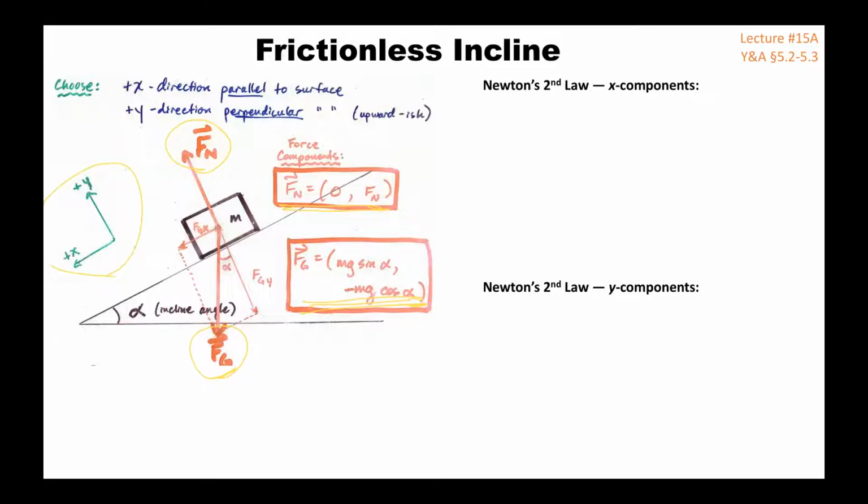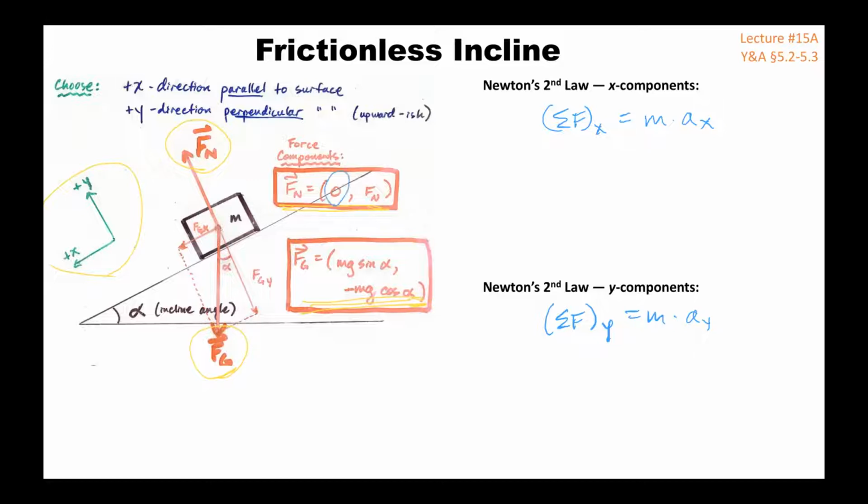So Newton's second law says, okay, if we take the sum of all of the x components of all the forces, that should give us mass times x component of acceleration. And then later I'm going to come down here to the y components and do exactly the same analysis. Let's see what we can learn first from the x components.